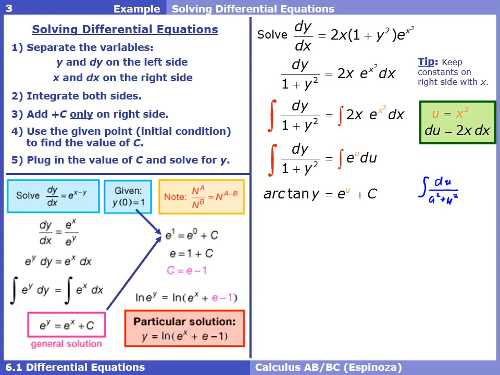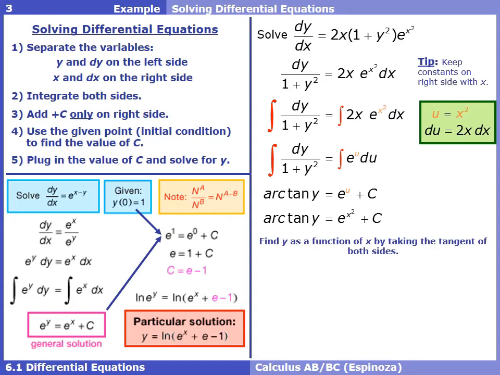But I'm going to skip over those steps in a manner of speaking since we had that practice. So it turns out the integral of dy over 1 plus y squared is just arctan of y. And of course, like I said before, the integral of e to the u is just e to the u, and we're going to put that plus c on the right side. Okay, of course, we can plug the u back in. We don't want to leave that u there, so we have e to the x squared.